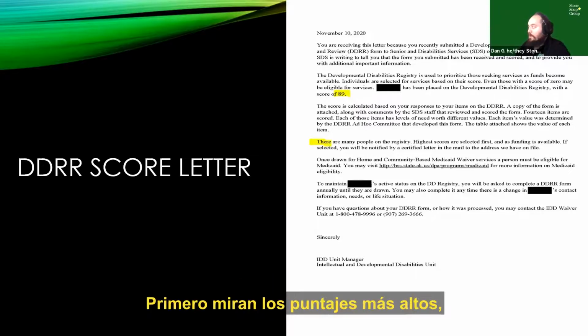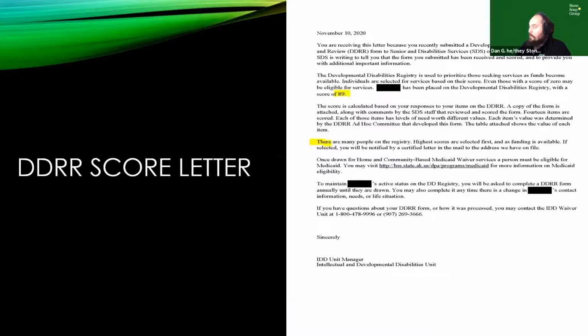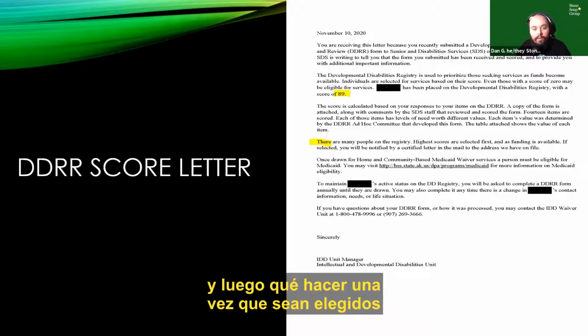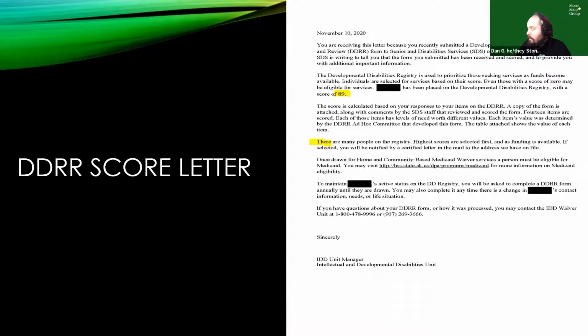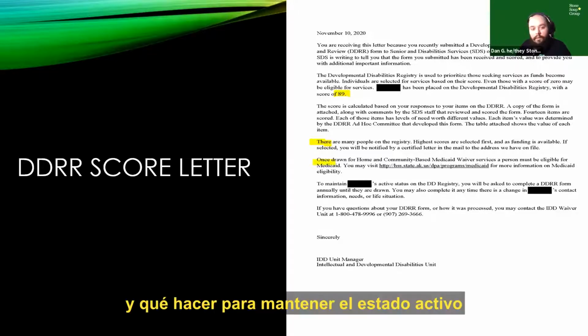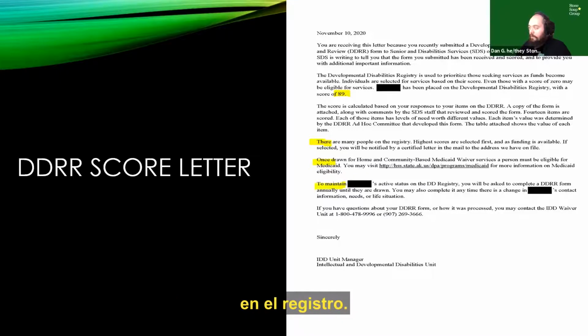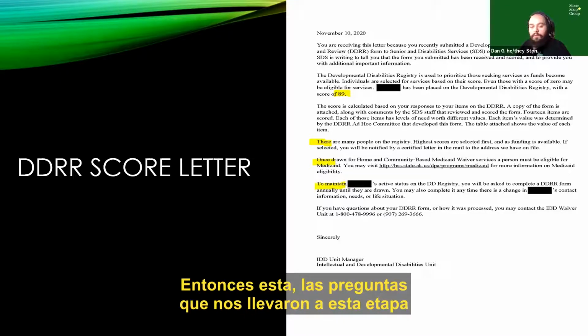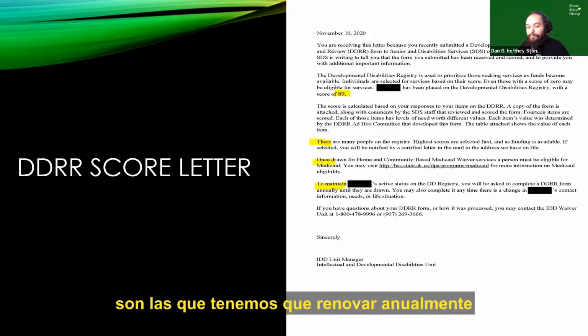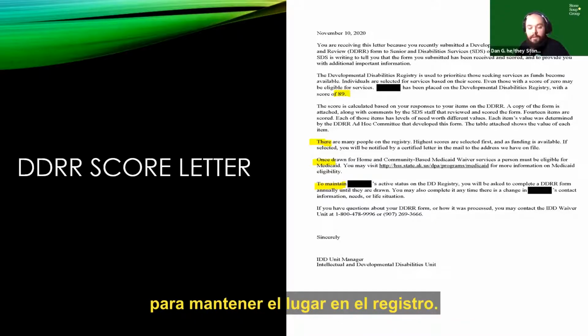They're looking at the highest scores first. And then what to do once you're drawn. And then what to do to maintain active status on the registry. So this one, the questions that got us to this stage are ones that we have to renew yearly to maintain your spot on the registry.